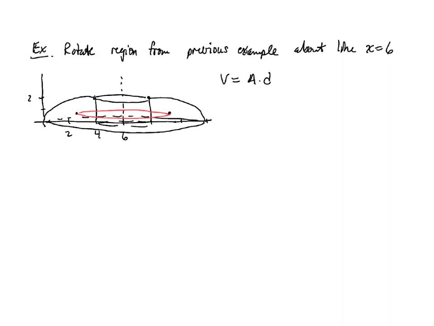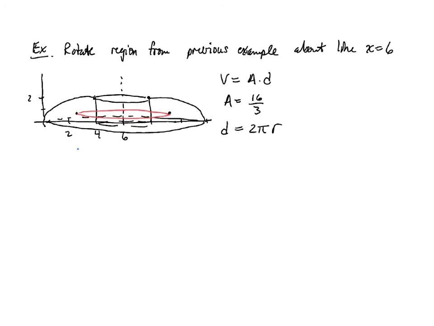We saw previously that the area was 16/3, and now the distance traveled by the centroid is going to be the circumference of the circle determined by the location of the centroid and the center of the rotation. So it's going to be 2 pi r, where I'll draw a picture of r right here.